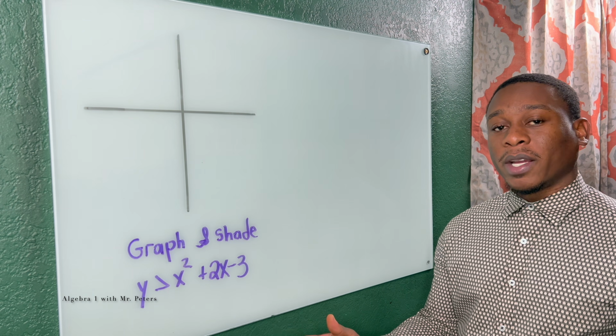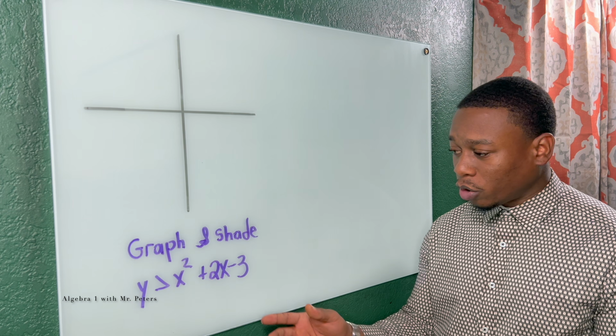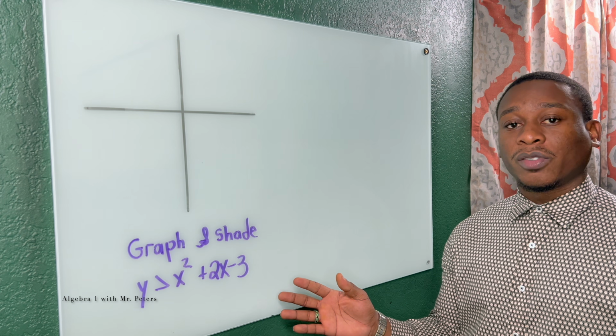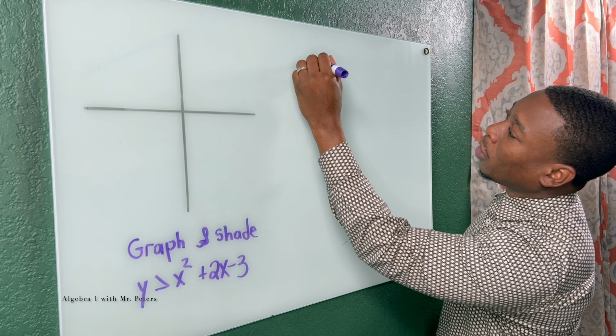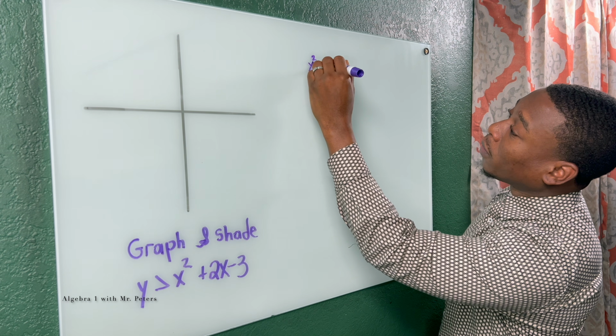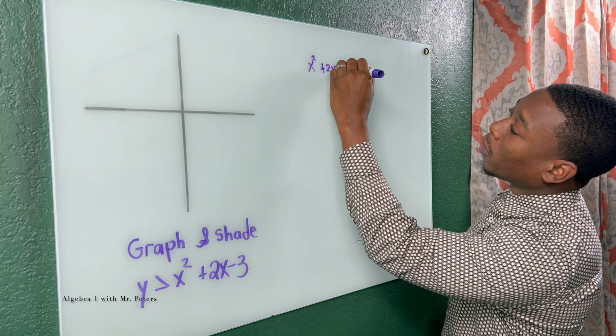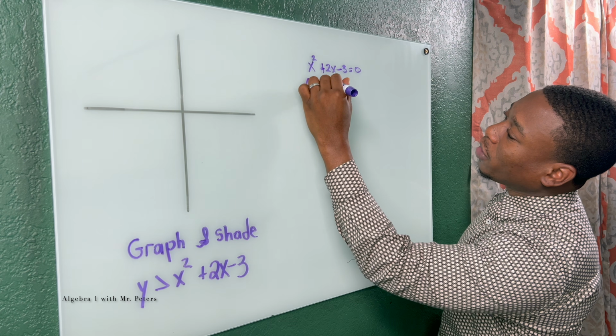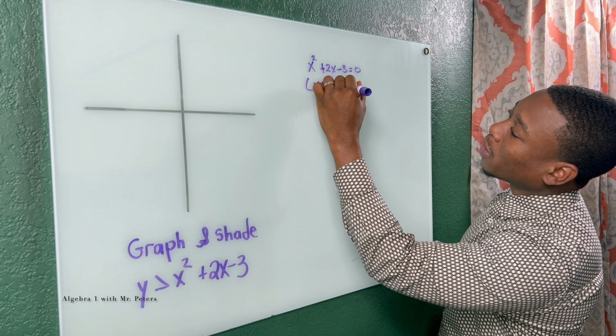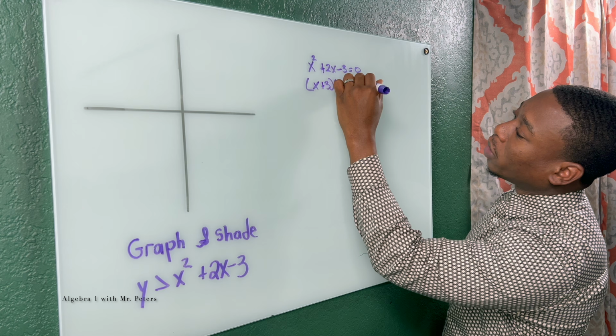When we have a problem like this, the first step is to identify the x-intercepts. So we could set this quadratic inequality equal to 0. We're going to factor and get x plus 3 times x minus 1.